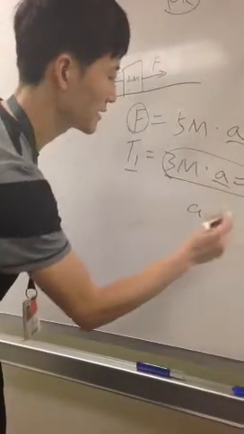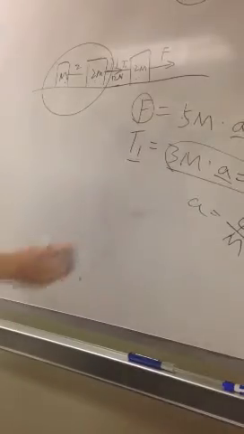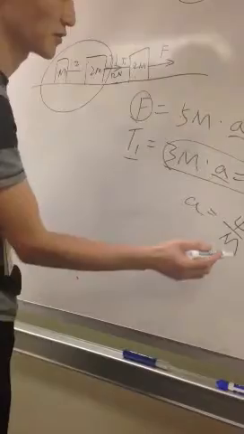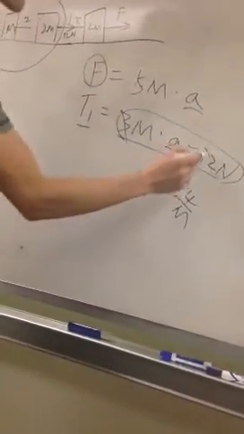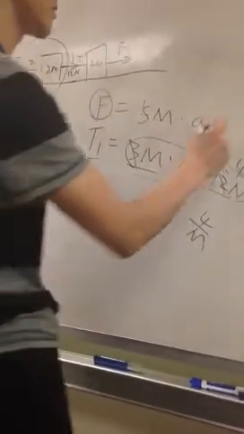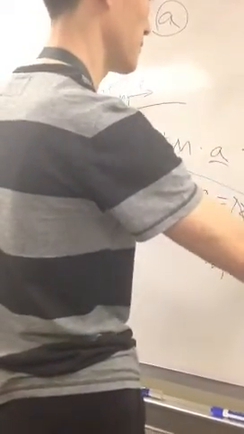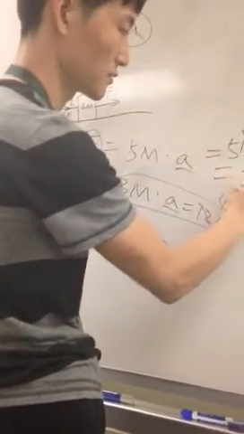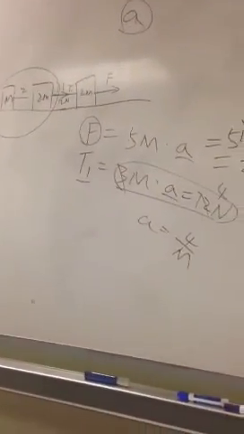From this, A is equal to, you move this 3M here, 12 over 3M, which is 4 over M. And then F is 5M times 4 over M, the M cancels, 5 times 4, it's 20. Okay, the answer is 20.